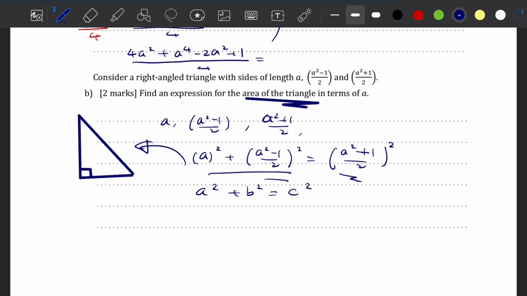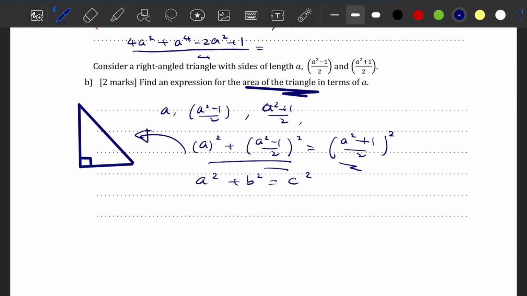So we can say a is one of your legs, and a squared minus 1 over 2 is the other, and a squared plus 1 over 2 is your hypotenuse.